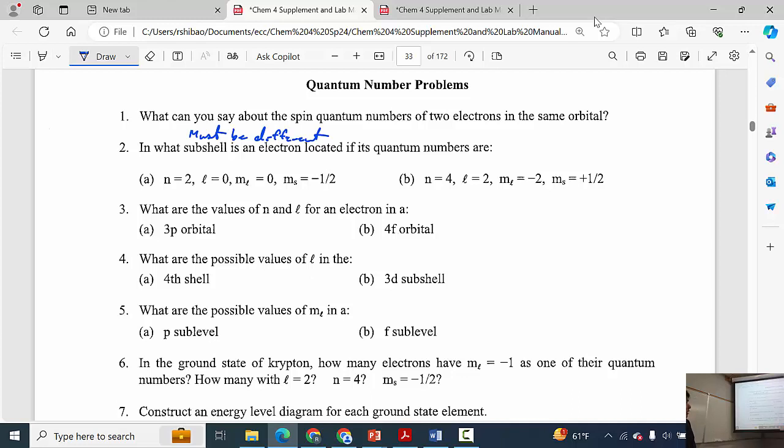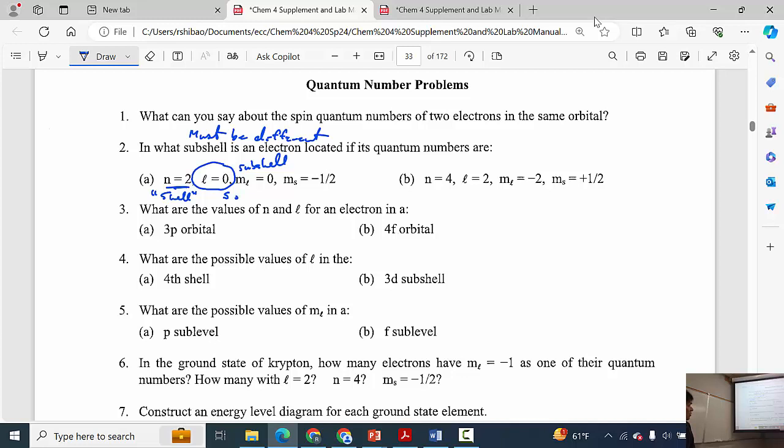2, in what subshell is an electron located if its quantum numbers are given? Okay, L is the subshell. N is kind of the shell, but the shells kind of get mixed up. So L is the subshell. This is the S subshell here. And so in what subshell is an electron located?